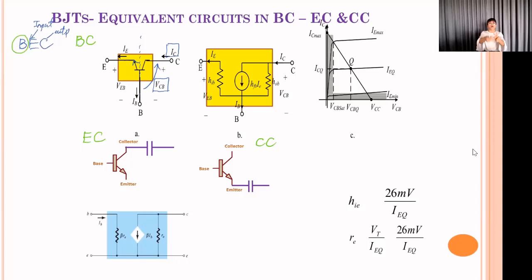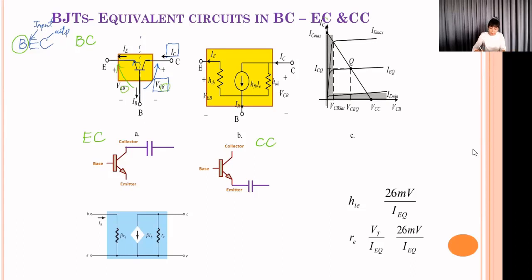We have three terminals, out and in, and of course the common point. This is the base configuration, common base, because the output and input voltages have one common point. This is the base. We call it BC.